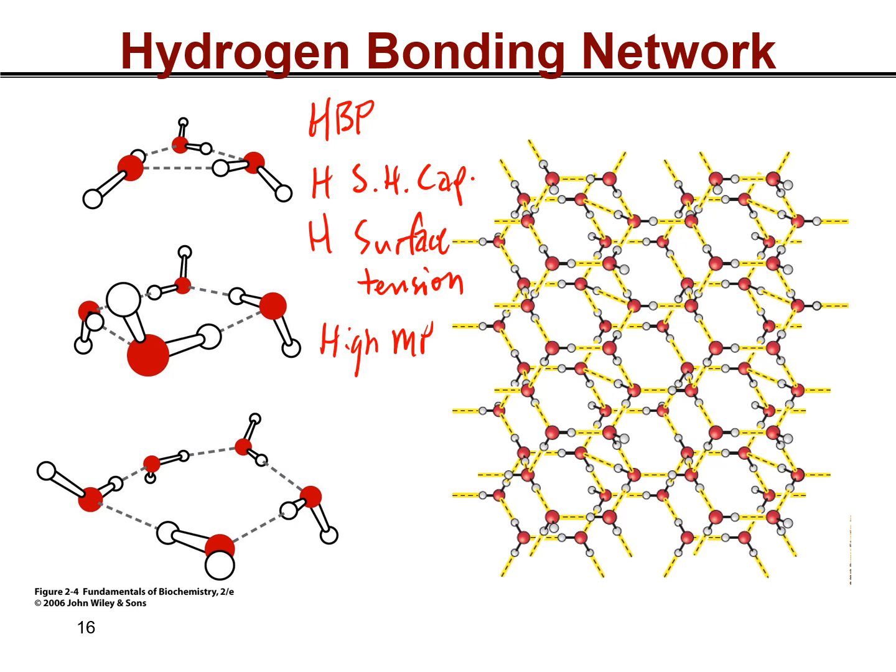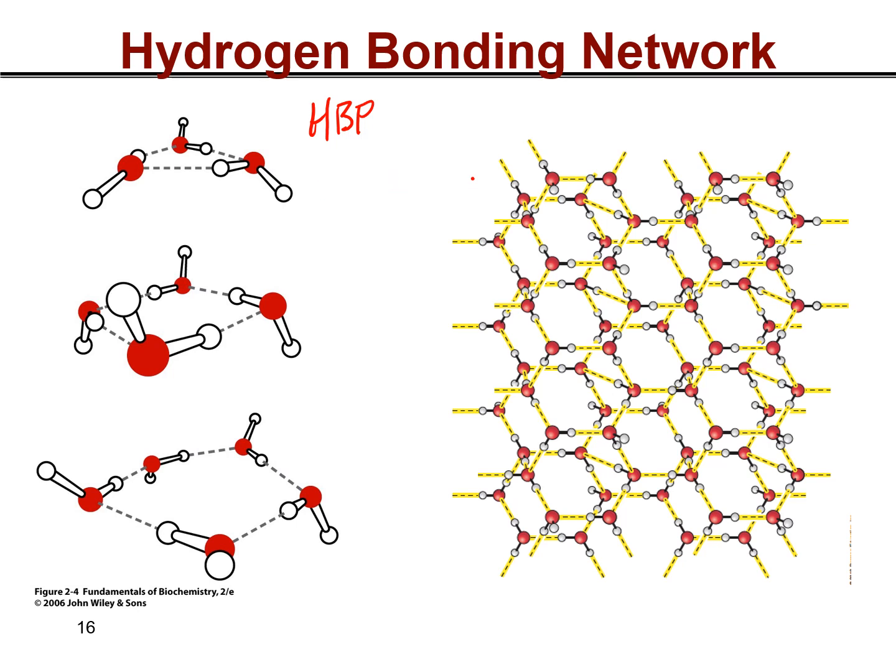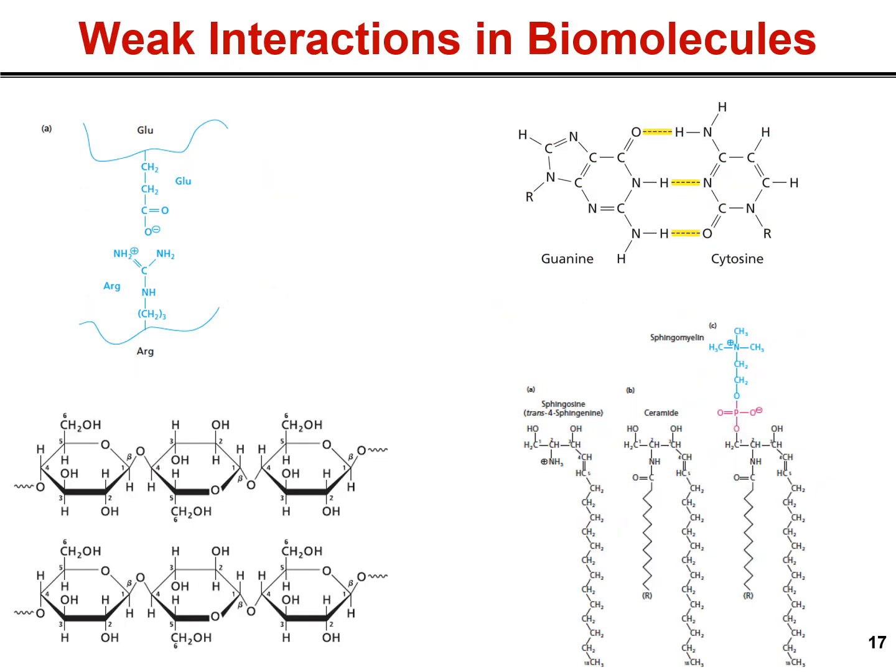And one example that I always think about from my own personal lab experience as a graduate student is the strength of, now we've got weak interactions in biological molecules as well.